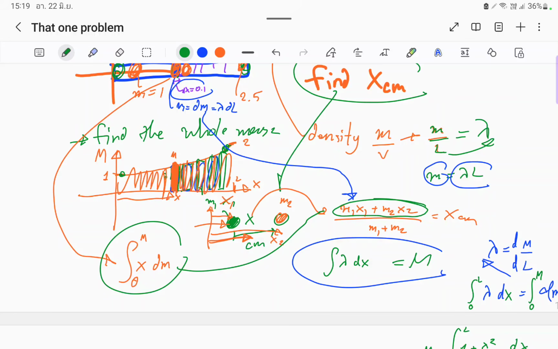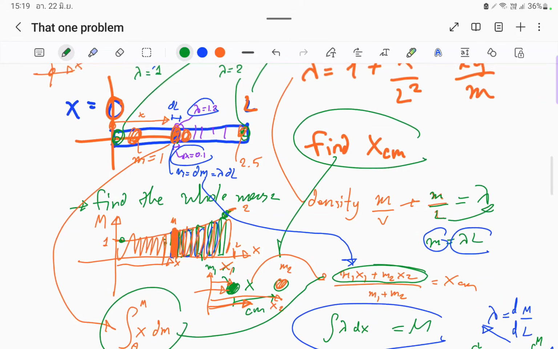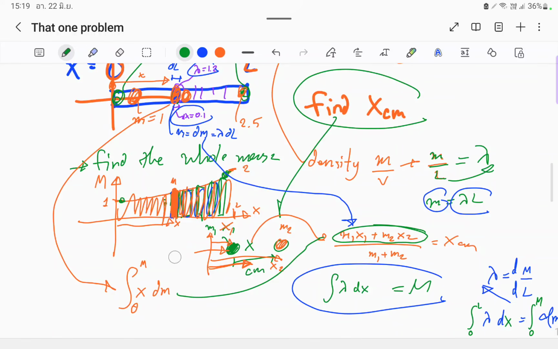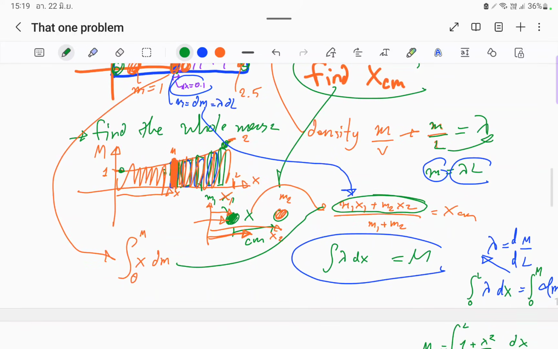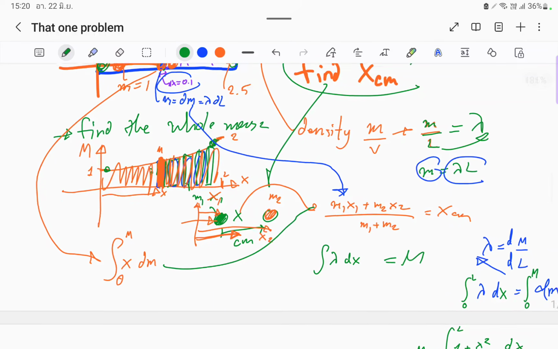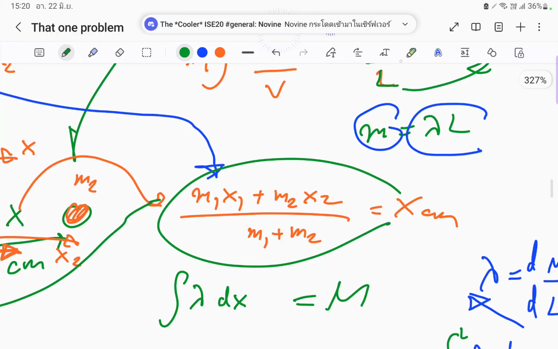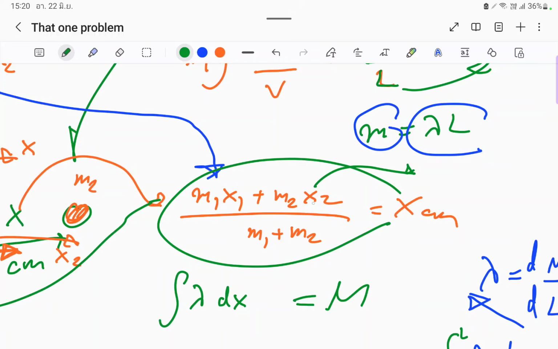These two are equivalent, but this one you use when you have simple things like this. But when it becomes a function, you need to use this formula, which is important. Or if you understand the whole process and you want to remember something for the exam room, you can just remember this formula and think that this section here is just m and x multiplied with each other, and you sum it up along the long axis.